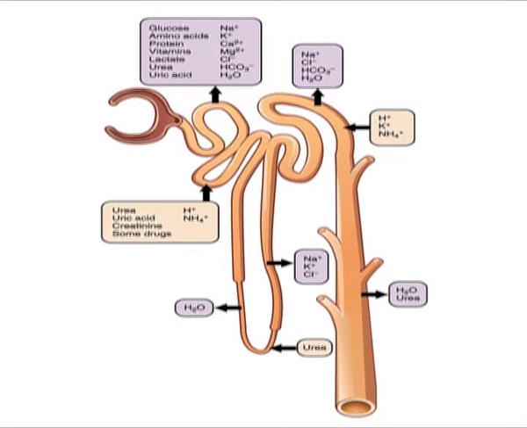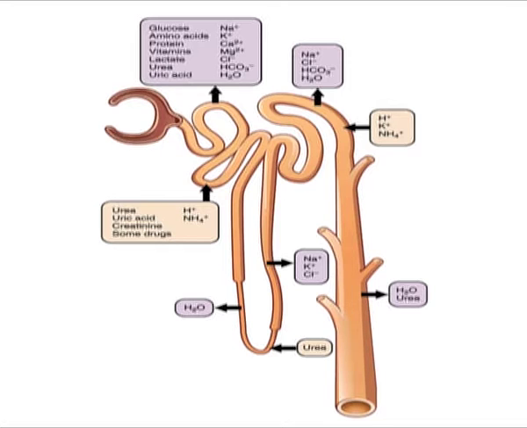The PCT actively absorbs almost the whole of glucose, 75% of amino acids and vitamin C, about 70% of sodium ions, 75% of potassium ions and a large amount of calcium ions from the glomerular filtrate.